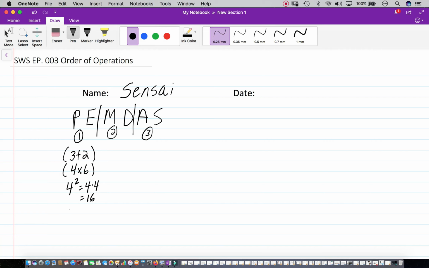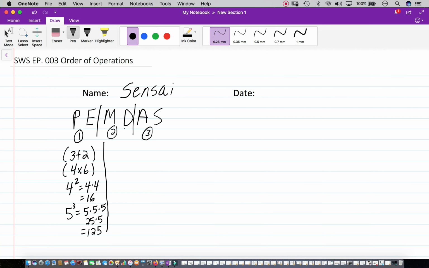You might have a number that says 5 to the third, which equals 5 times 5 times 5. 5 times 5 gives me 25, times 5. So 5 to the third is 125. So when you're dealing with parentheses and exponents, these always will go first.